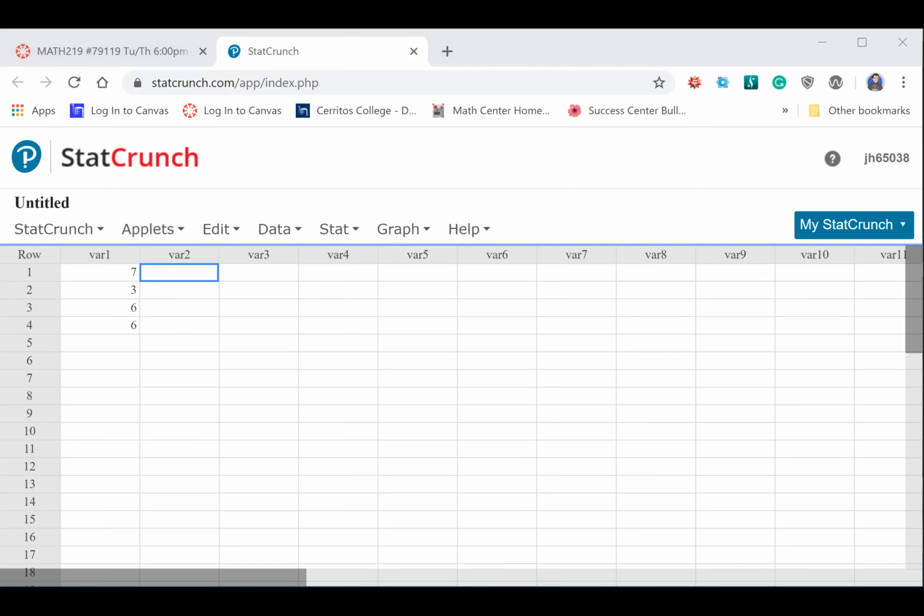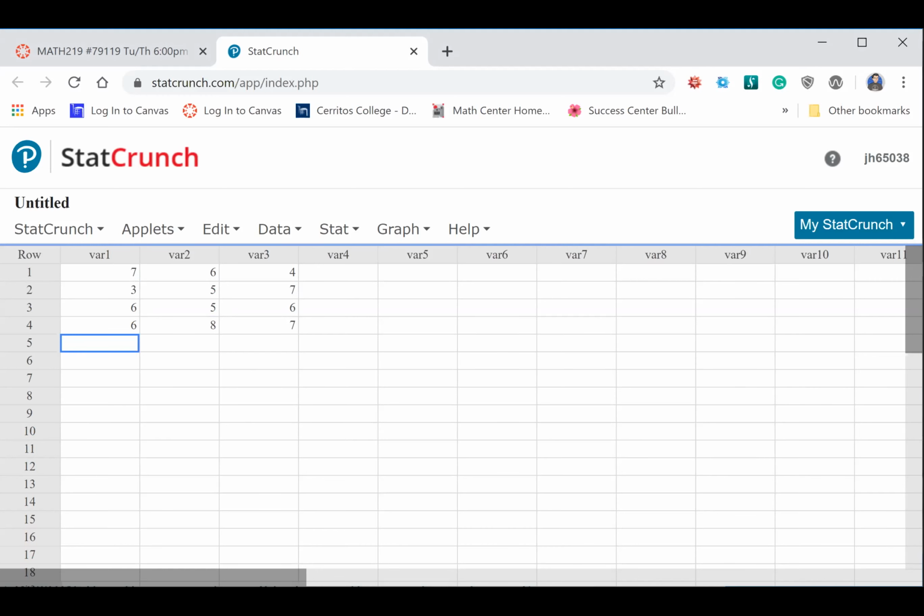That's going to be 6558. Column 3 is going to be 4767. Whoops, not 6. 4767. Okay, now let's see what happens here.